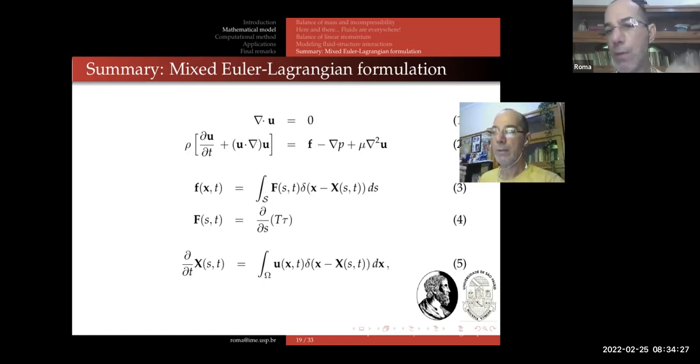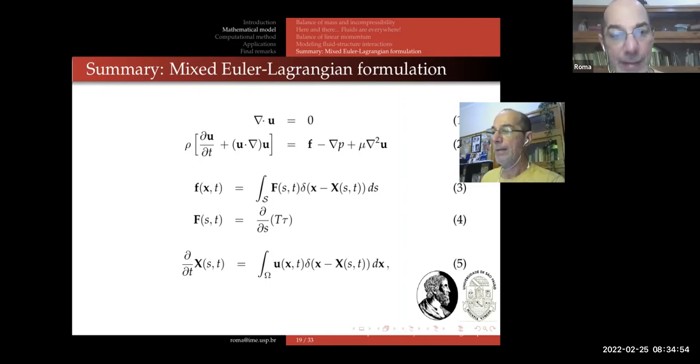Pressure, viscosity, right? And this F here that goes in equation number 2, the Navier-Stokes equation, is just computed from the elastic forces that the elastic fiber gives origin to, right?